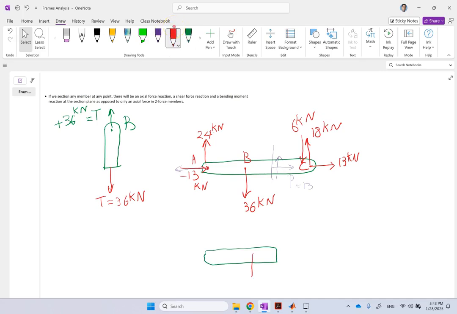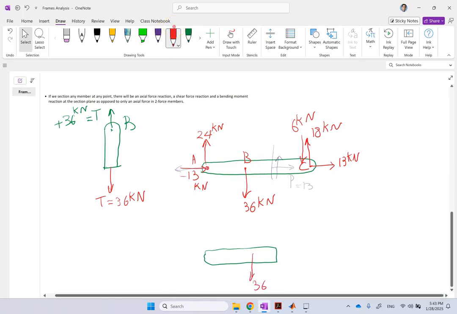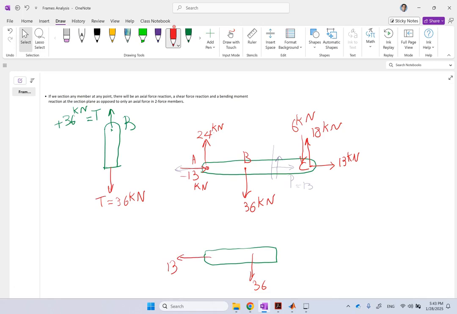So you have a 36 here. There is a 13 this way. Let me change the negative and make it positive, but turn the direction of it. This is a 24. So remember, I said there should be a 13 here. And this force should balance between these two, 36 and 24, so there should be a 12 up.